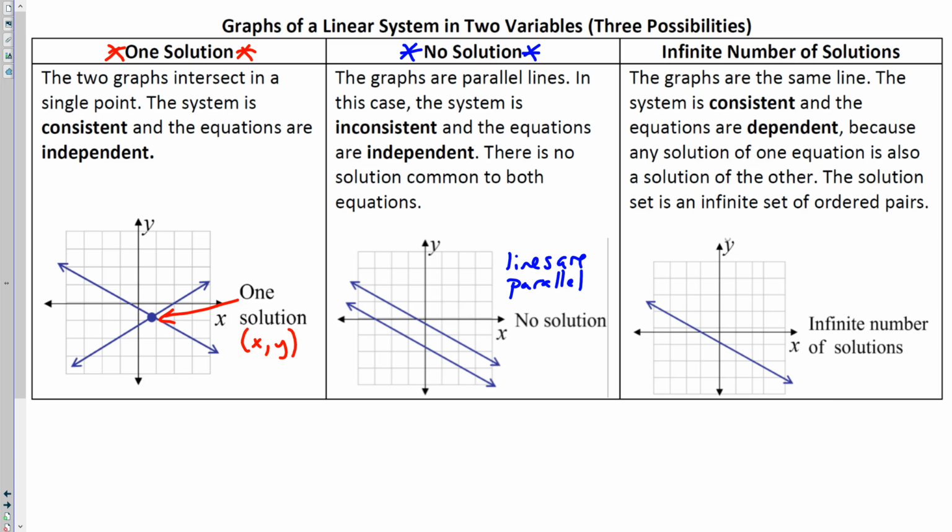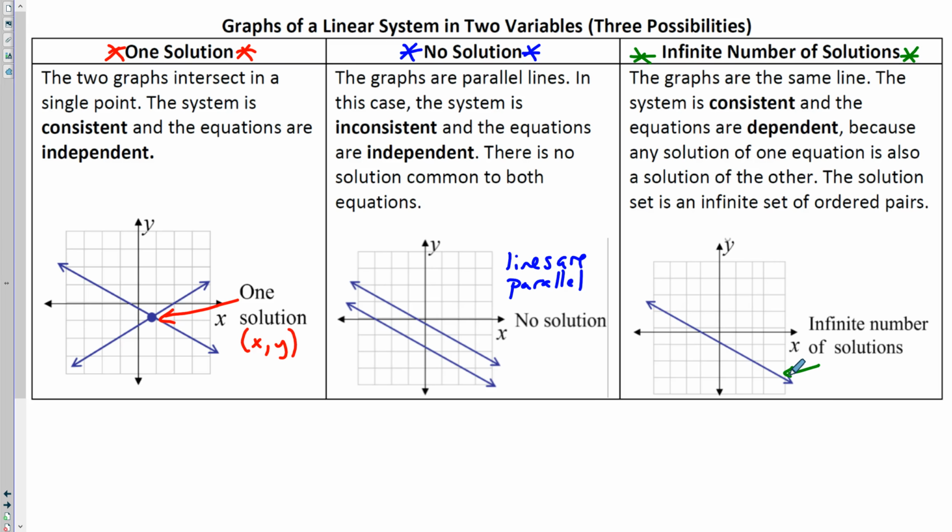And then the third case, probably the most interesting one in my opinion, is the infinite number of solutions. That occurs when essentially your system is the same line being represented twice. That might be obvious, you might see the same equation listed twice. A lot of times it's not obvious, though, that you have your equation given in potentially different formats, or there's been a constant multiplier applied to your equations, and you don't see just by looking at them that they're the same equation.